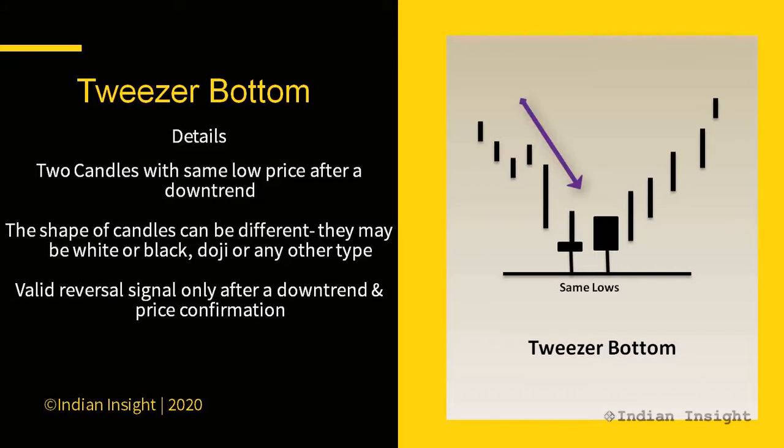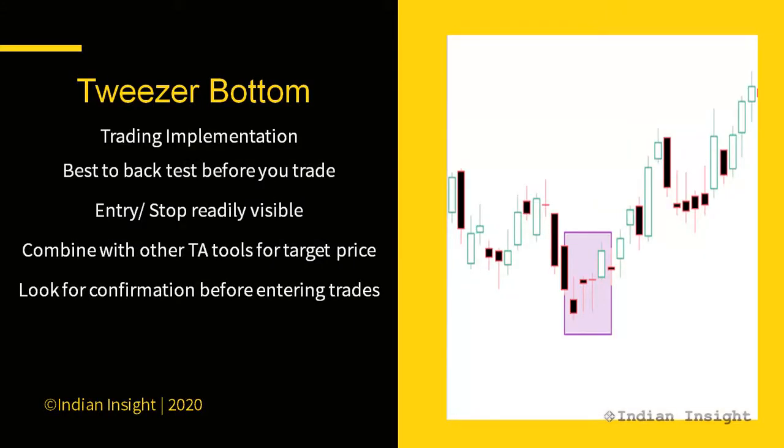So it is key that a downtrend must be in progress and then we see a Tweezer bottom pattern. Once the pattern appears, we cannot initiate a long position immediately. Instead, we should wait for price confirmation, which would occur once the prices go above the higher high of the two candles.